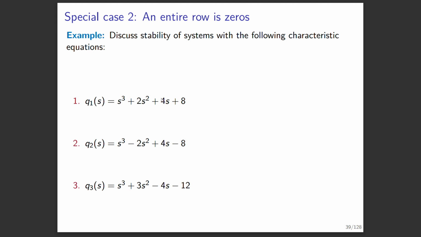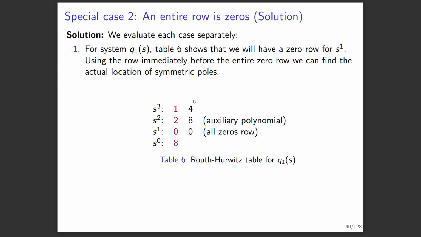In the second row, I'm going to have 2, 8. Then 2 times 4 minus 8 times 1, divided by 2, is 0. The second element is also 0 because I have nothing there. So now I have an entire row of zeros.